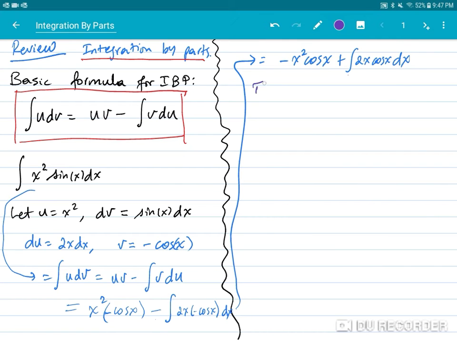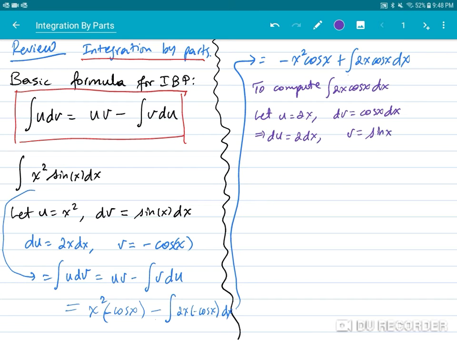So to compute the integral of 2x cos x dx, we'll let u be 2x and dv be cos x dx. Then du becomes 2 dx and v becomes sine of x, because the antiderivative of cos x is sine x.